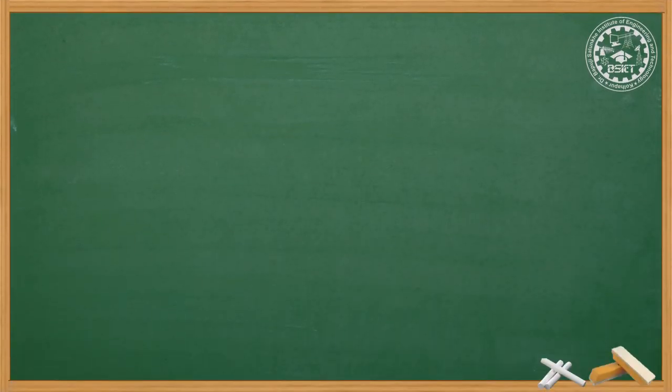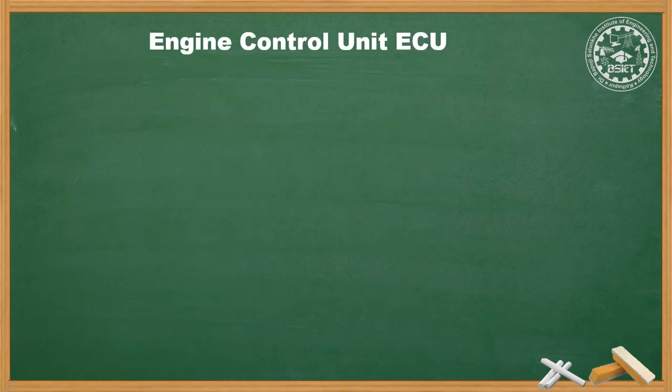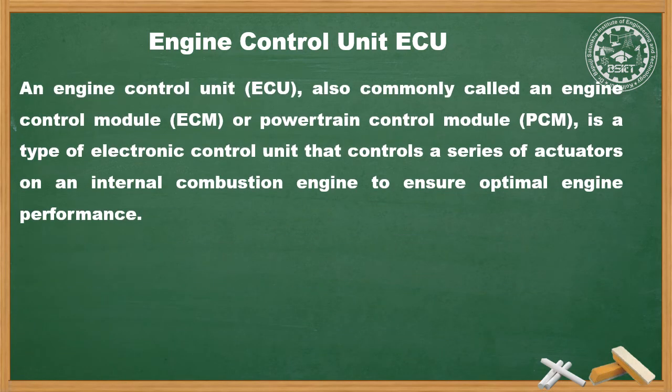The next and the last part of today's session is the engine control unit, also known as ECU or ECM, engine electronic control module. An engine control unit, also commonly called engine control module or powertrain control module, is a type of electronic control unit that controls a series of actuators on an internal combustion engine to ensure optimal performance of an engine.